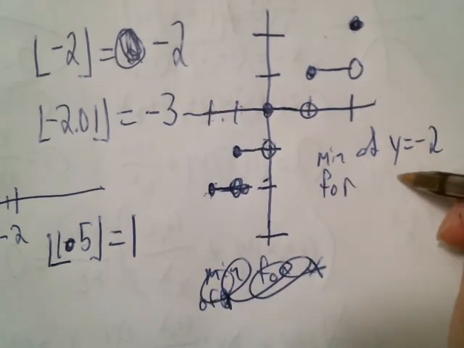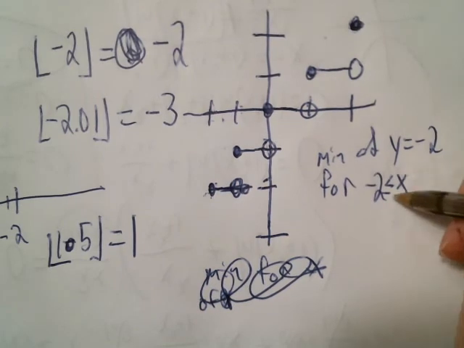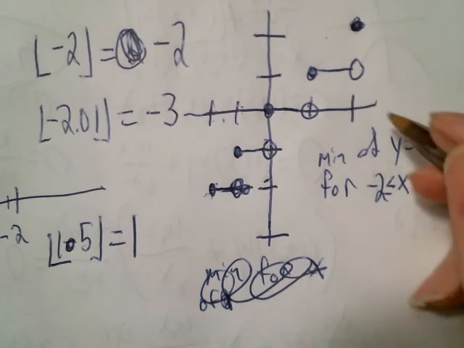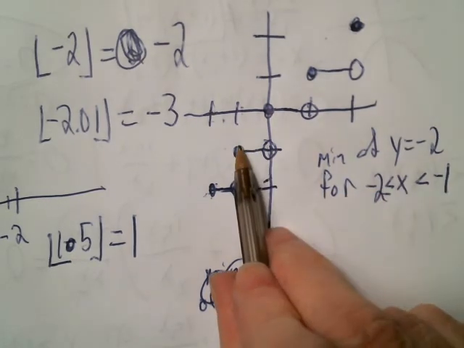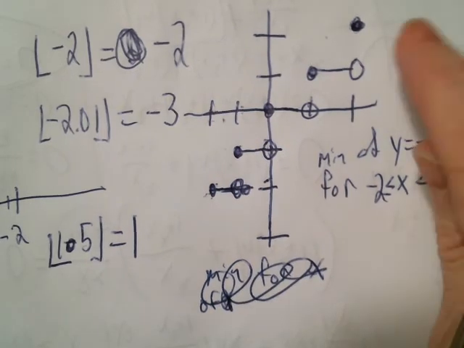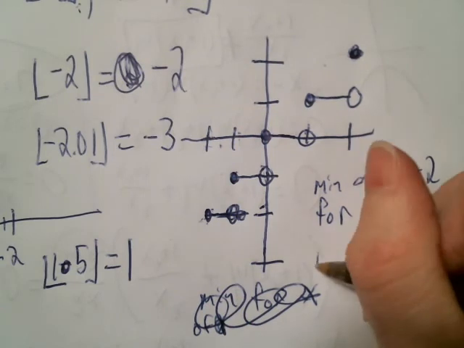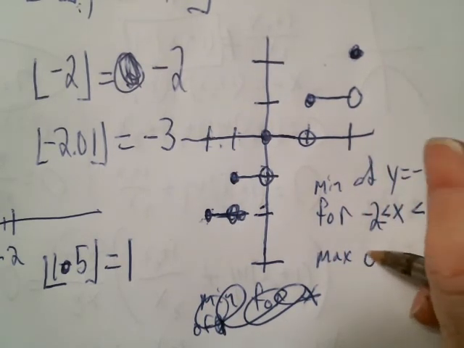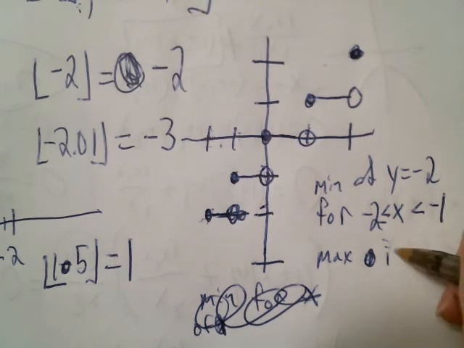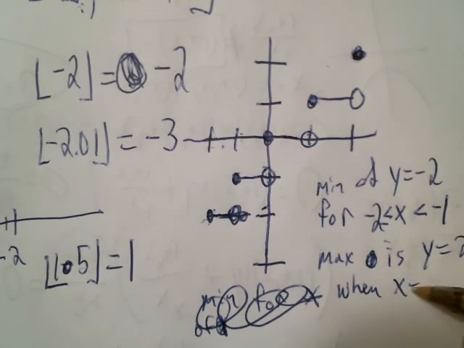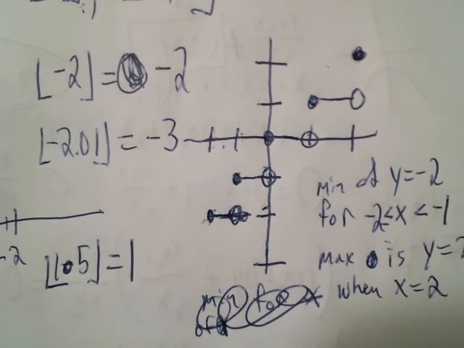So for x greater than or equal to -2, but less than -1, because the floor of -1 is going to be -1. Okay? And then the maximum is going to be this point. And there's only one point that will give you that maximum, and that's 2. So the max is y equals 2 when x is equal to 2. Okay? So I'm 90% sure that's the floor.